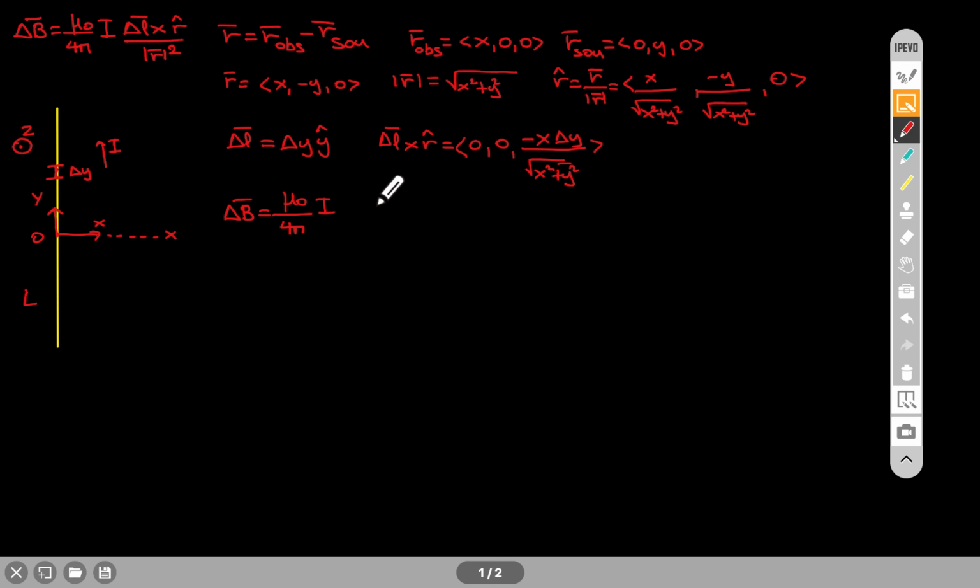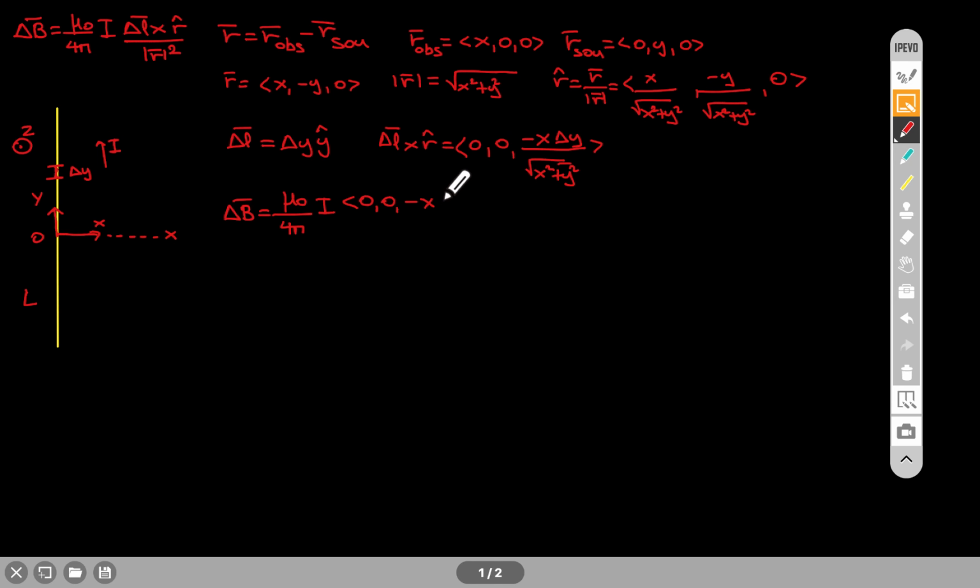I found the cross product to be this result, and then I'm dividing that with the square of this. Now here is what I'm gonna do. Since the square of this and the denominator are actually the same, kind of the same thing, I can combine them to write this in a little bit better form.